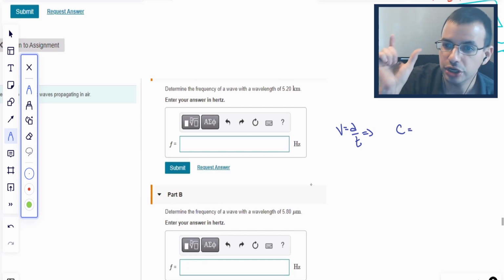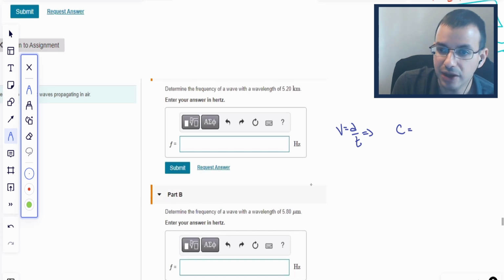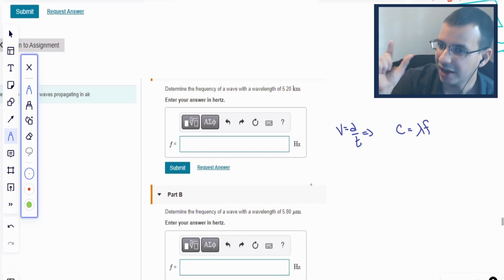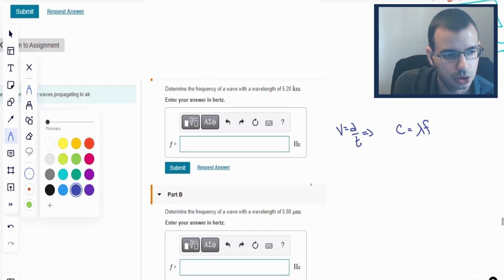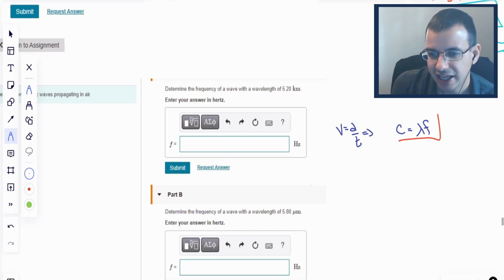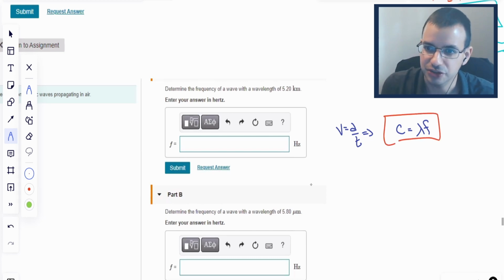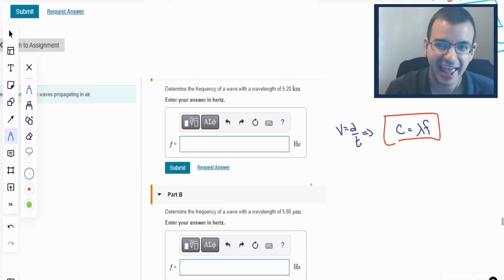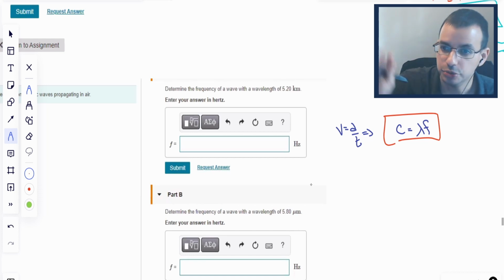Instead of distance, we're going to use the wavelength, which has a unit of meters, and 1 over time, that's 1 over seconds, which is the same as hertz, a unit for frequency. I have the memory of a goldfish, so I try to reuse as many formulas and mnemonics as I can to memorize things. So this is how I memorize this formula: C equals lambda f, where speed of light equals the wavelength times the frequency. And from this, we're just going to solve everything.